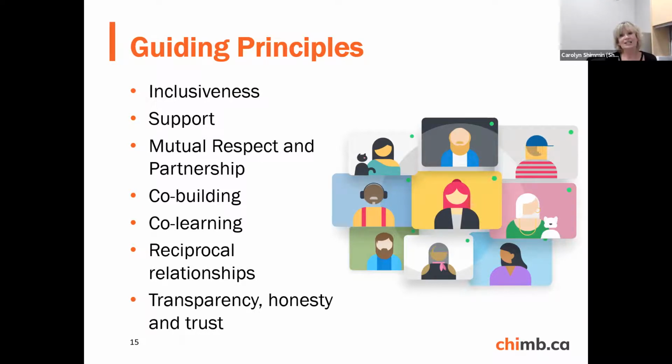The co-learning aspect means having patient and public partners learn more about the research process, but also having researchers learn more about patient-centered engagement. As far as reciprocal relationships, again, we're talking about things like shared power and decision-making amongst researchers and patient partners. And then one of the big ones is transparency, honesty, and trust. And that means open communication, reflexive practice, and conflict resolution.